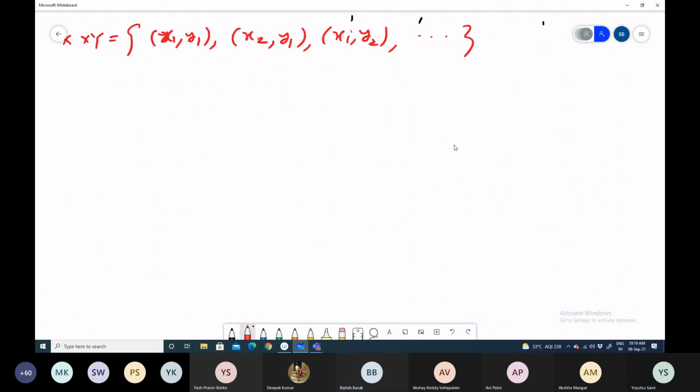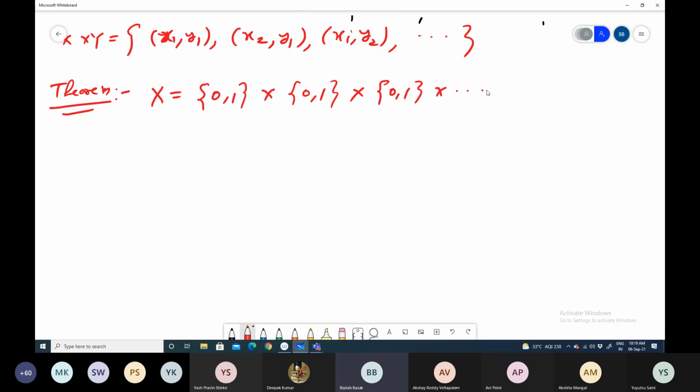In fact, you don't have to go that far. Tell me, if you have the set {0, 1} cross {0, 1} cross {0, 1}, infinitely many of these, that is what you can write as {0, 1} to the power natural numbers. Now you have just a two-element set, infinitely many copies of it, and then their product.